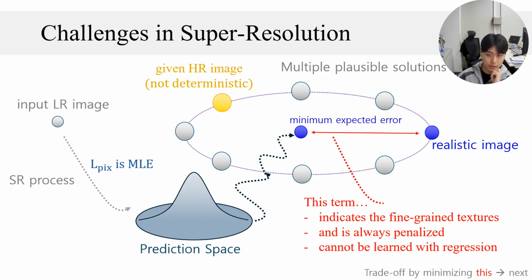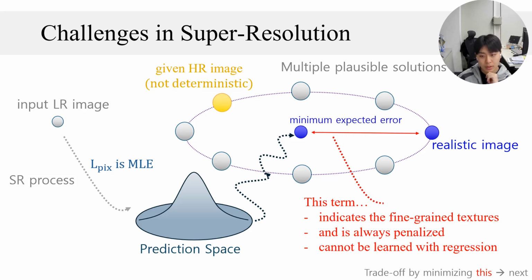Jumping deeper into details, this diagram provides a graphical illustration of the overall super resolution system and highlights one of its key challenges. First, let's discuss the role of LPix, the pixel-wise loss function. LPix is essentially a form of maximum likelihood estimation, simply MLE, which means it optimizes the probability distribution over the prediction space to find the point that maximizes the expected likelihood.